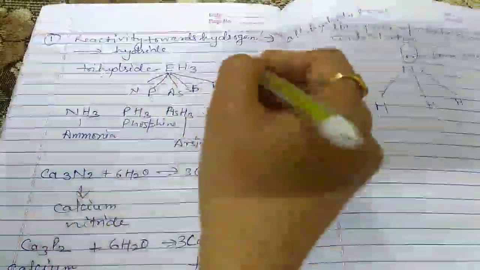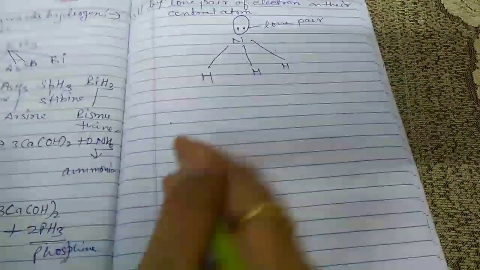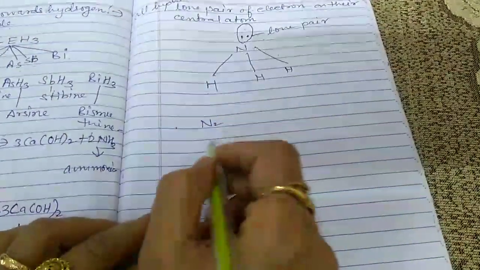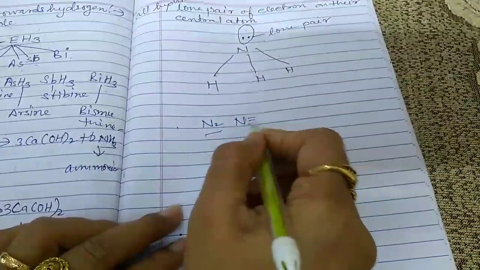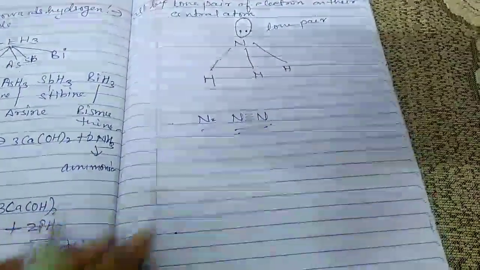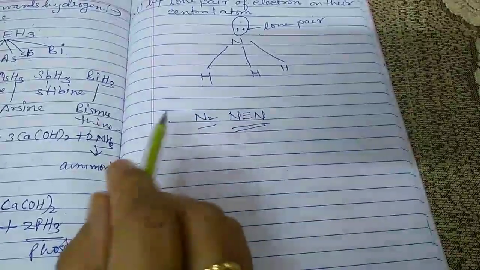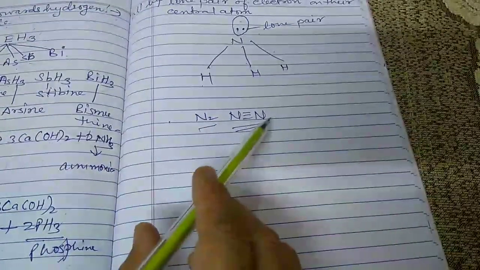If we are talking about molecular nitrogen, between the two atoms of nitrogen there is a triple bond.